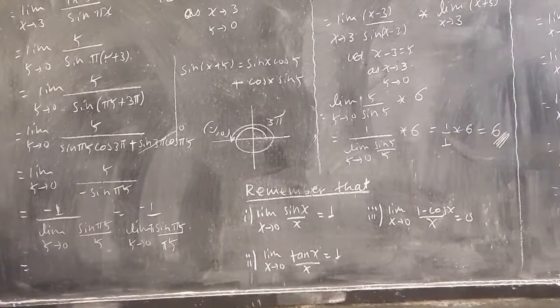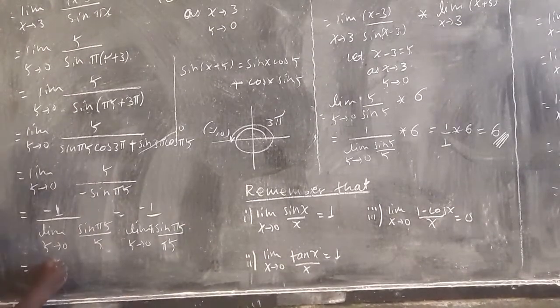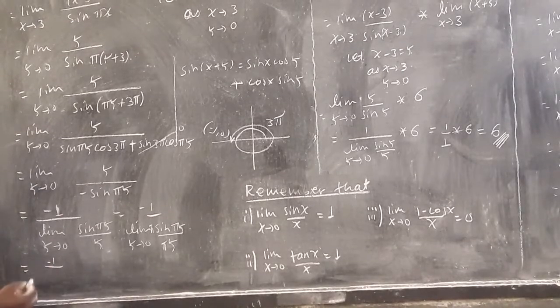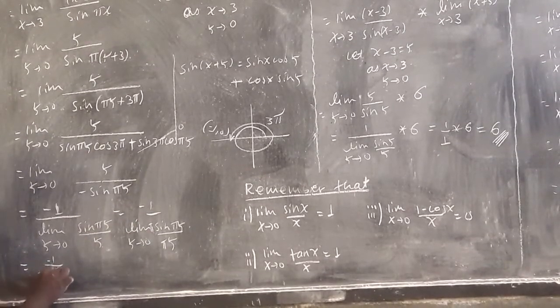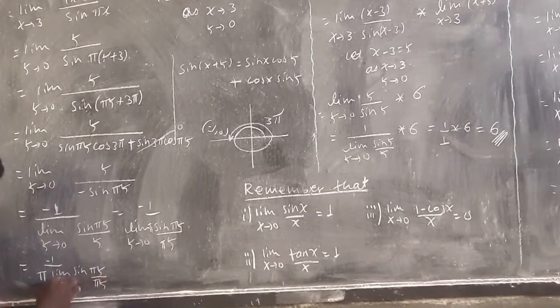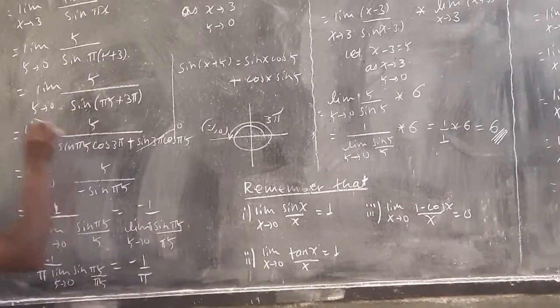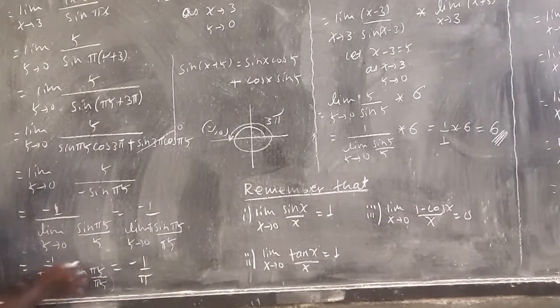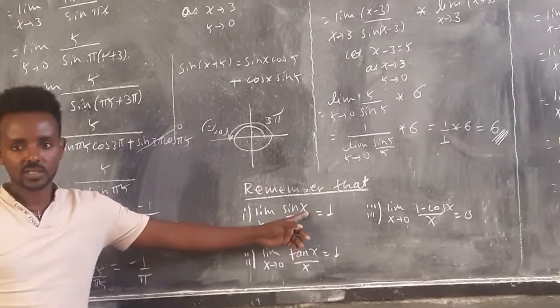Remember that the limit of a constant number is the constant itself. So here we have pi times the limit of sine pi y over pi y as y approaches 0. Minus 1 over pi, since the limit of sine pi y over pi y as y approaches 0 is 1.